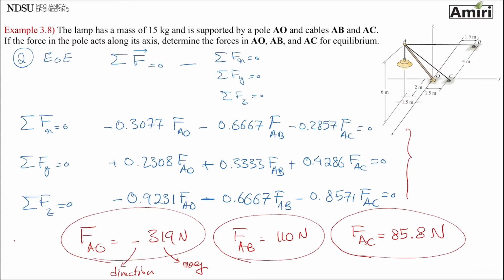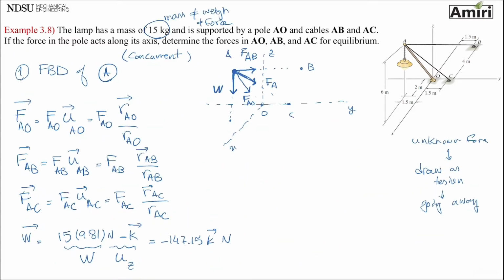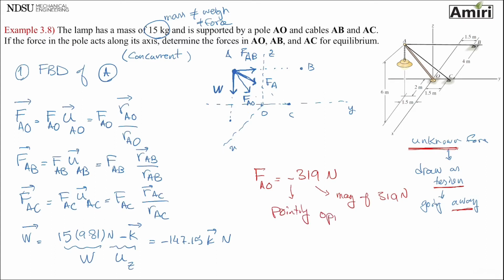Let's go back to our free body diagram. It was an unknown force for us, so I said draw all of the unknowns going away as tension. So now we got FAO to be minus 319 newtons, meaning it is a force with a magnitude of 319 and pointing opposite of what I drew on FBD.